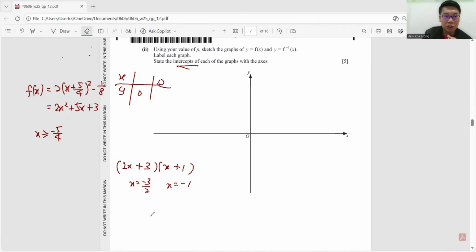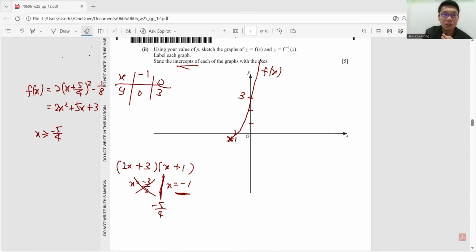But since we know the turning point is minus 5 over 4, then we know we choose the right-hand side because my x must be more than minus 5 over 4. x equals to 0, my y is 3. I know minus 1 and 3 is a very important point. And then my graph starts from minus 5 over 4, which is slightly here, and then all the way goes up. This is my f(x) graph.